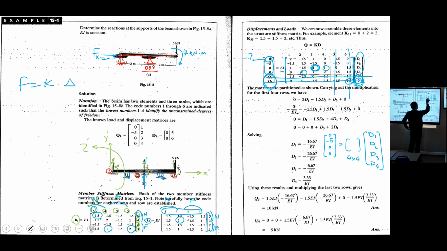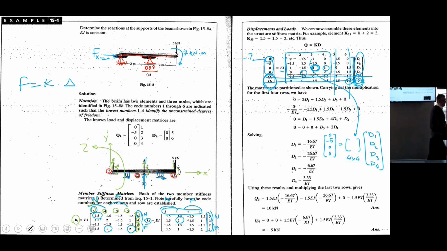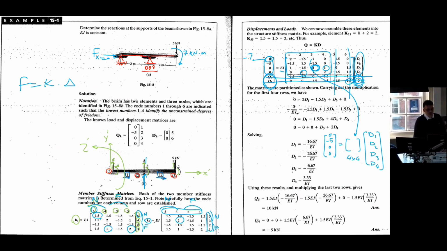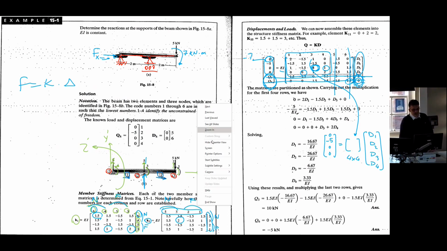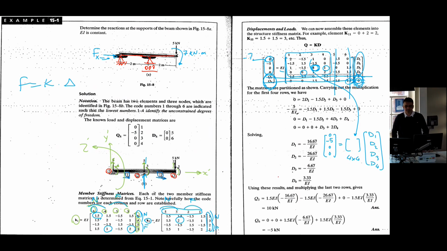This matrix is this part. This goes here. You're complying with the boundary condition by eliminating rows and columns.